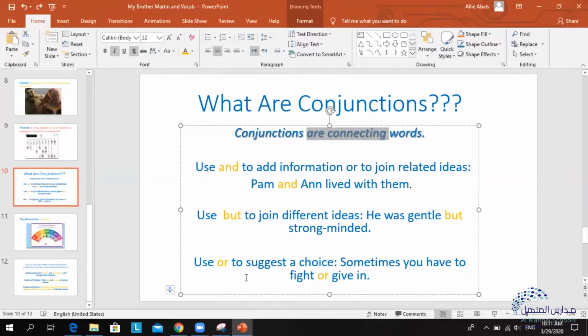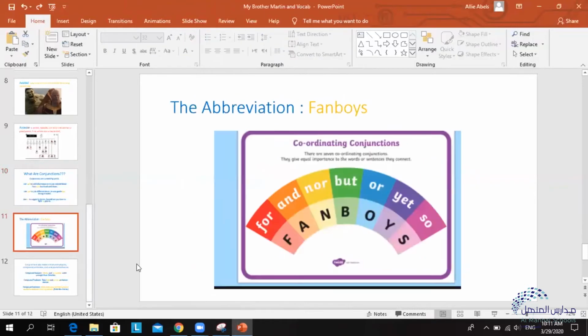If we go to the second slide, I want to draw your attention to the abbreviation FANBOYS. This particular abbreviation makes it easy for us to remember the different types of coordinating conjunctions: for, and, nor, but, or, yet, so.